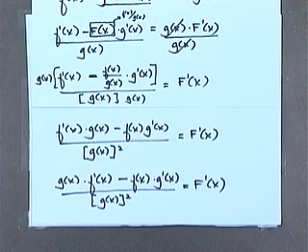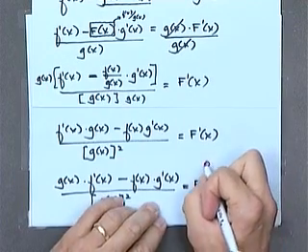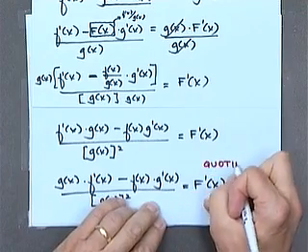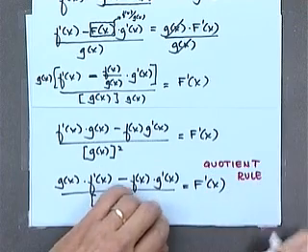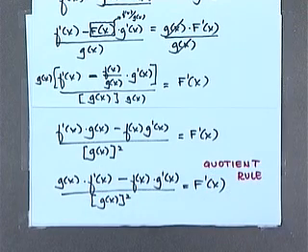So there is the quotient rule. That's actually a little cleaner, a little quicker than going all the way back to the definition.